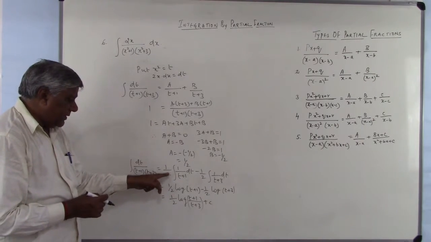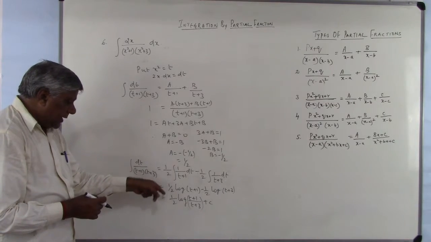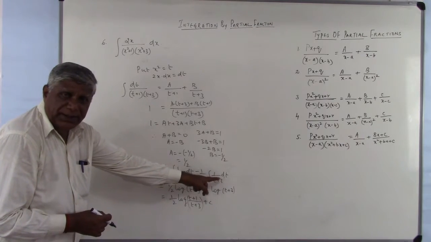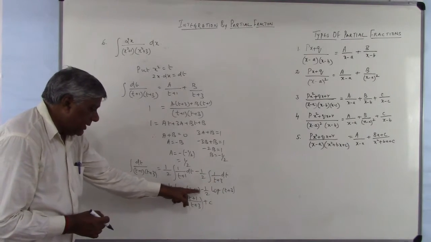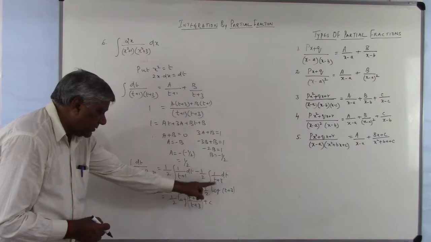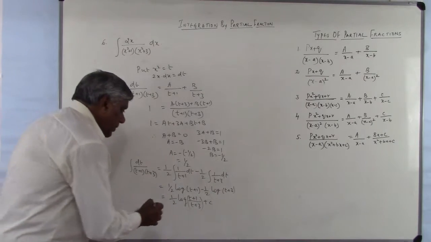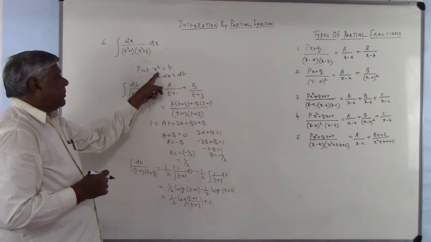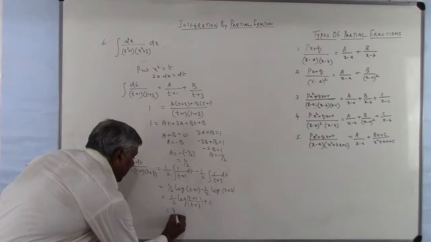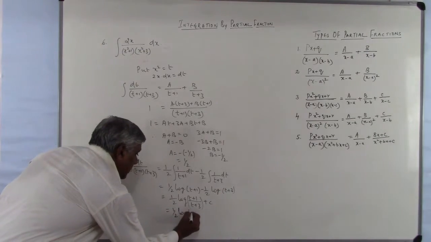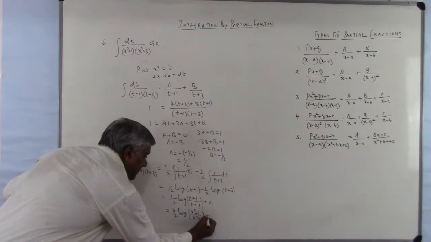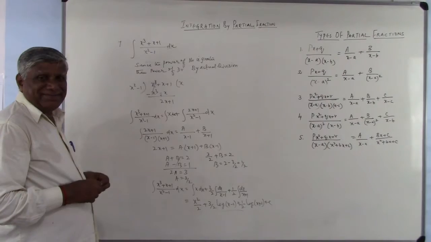Are you following here? So this is half log t plus 1 minus half log t plus 3. Log m minus log n is log m by n. Now we will replace t by x square. Therefore this answer goes half of log x square plus 1 divided by x square plus 3 plus c.